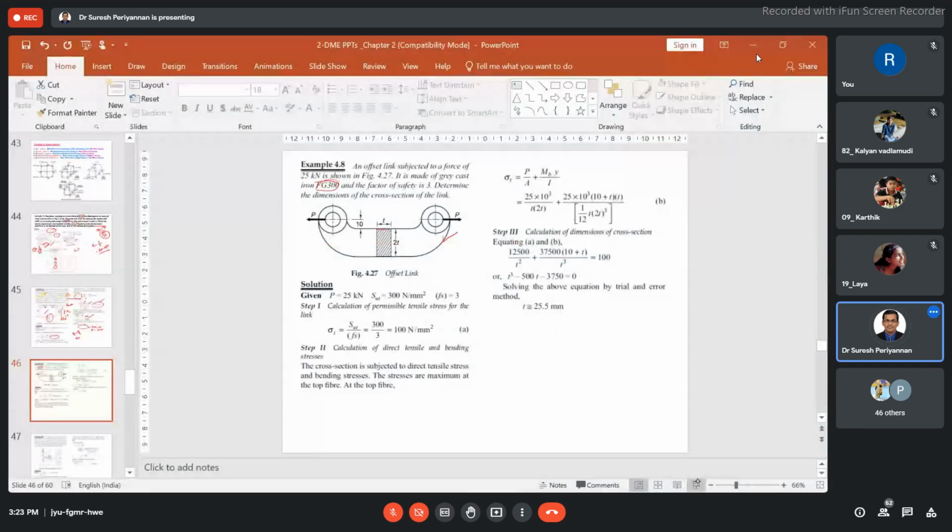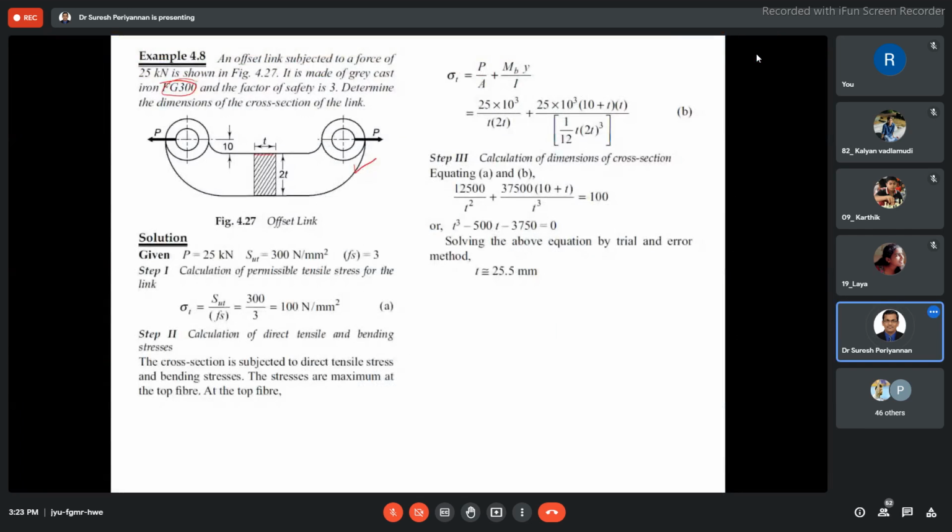Now, this frame is subjected to direct tensile load and bending moment because our region of interest is offset from the load, right? That is a 10 mm distance plus t by 2, the depth by 2. Hence, we would like to find out how much bending moment is acting in this region of interest.